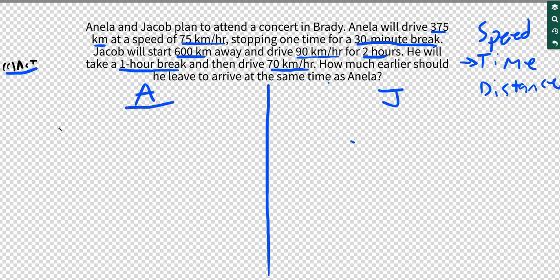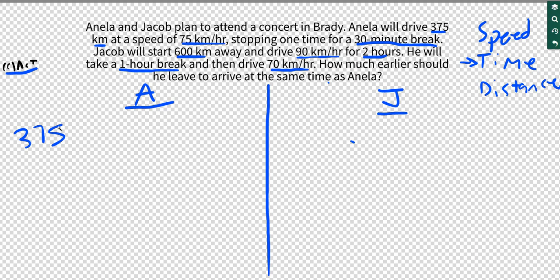Let's start out with Anella. She will drive 375 kilometers, so that's how far away she is from Brady. We need to figure out how long it takes for her.